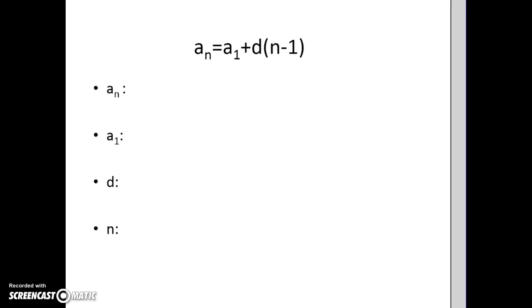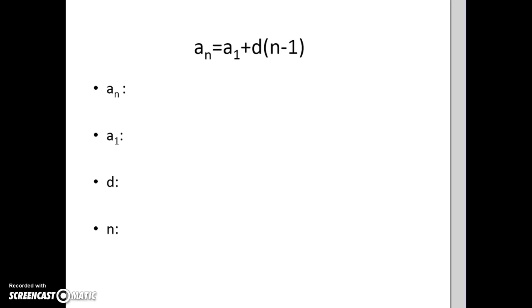So here, like geometric sequences, we also have a formula to help us identify specific terms in a pattern. This may look intimidating, but once it's broken down, it really is not that hard to follow.